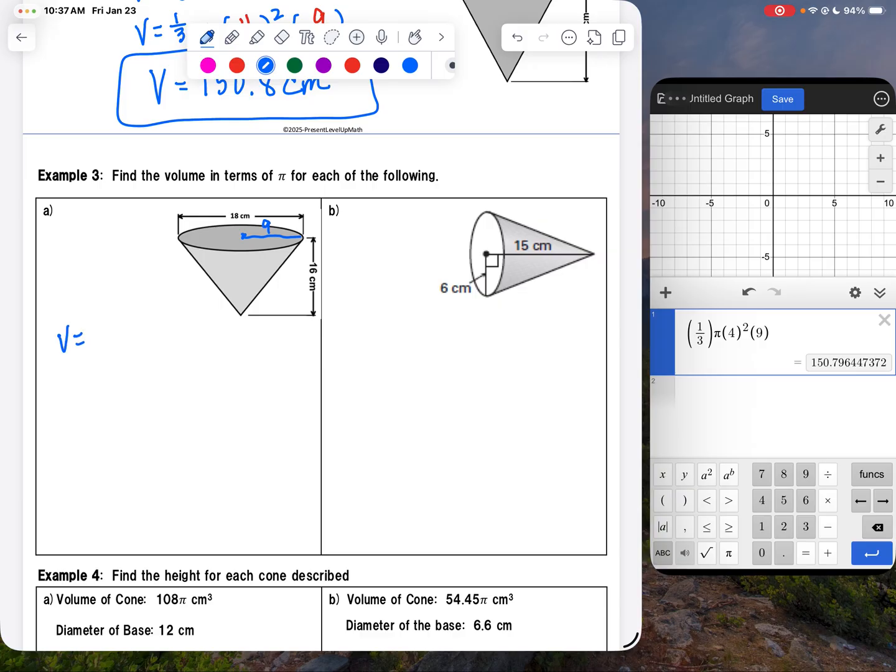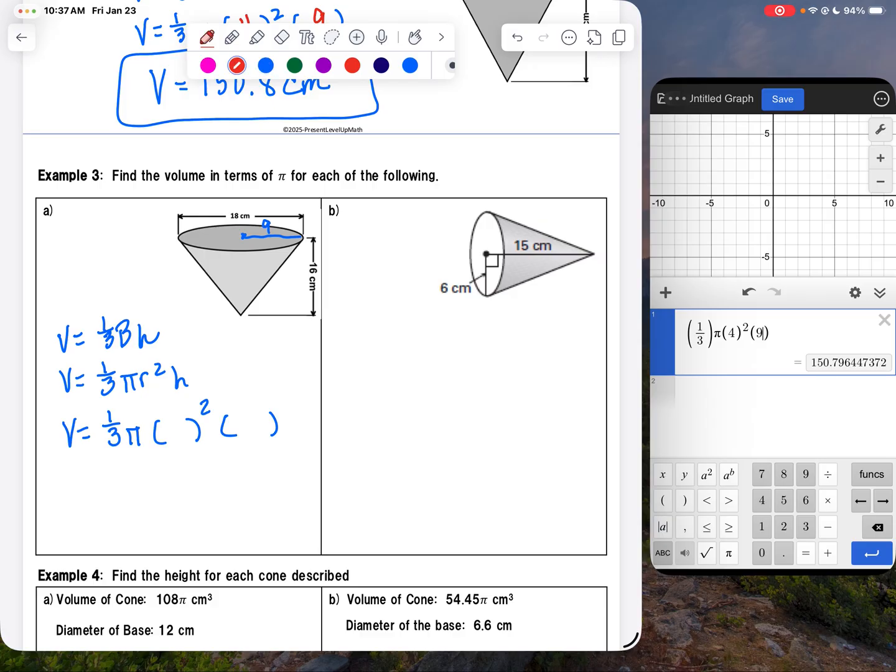So let's write down our formula. Capital V, volume, equals 1/3 times the area of the base, big B, times the height. So volume equals 1/3. The area of the base is pi r squared times the height. So volume equals 1/3 pi, parenthesis, squared, parenthesis.